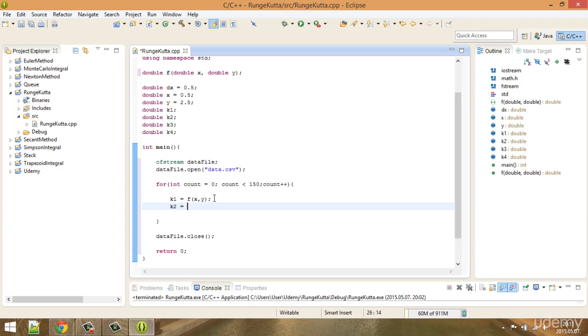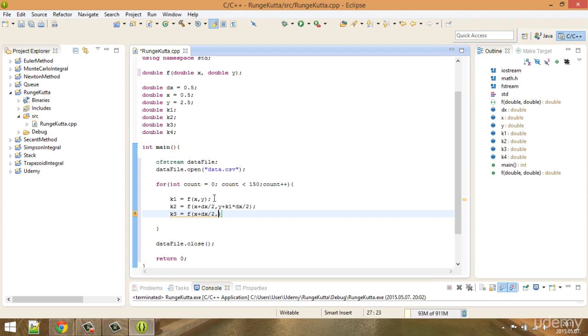K2 is equal to f of x plus dx divided by 2, and y plus k1 times dx divided by 2.